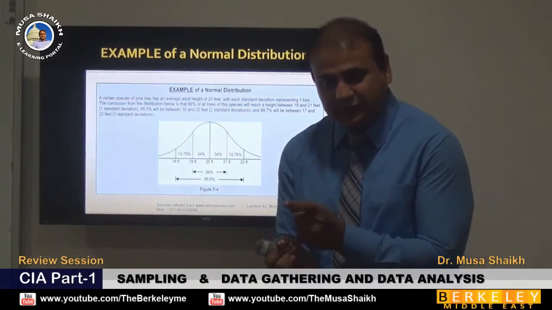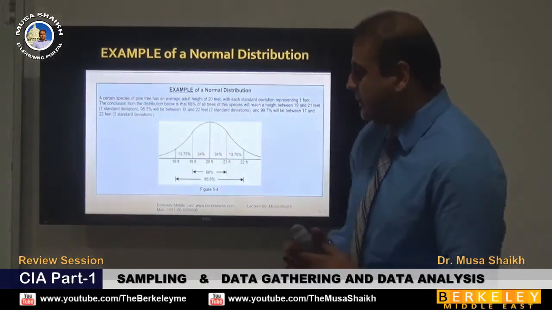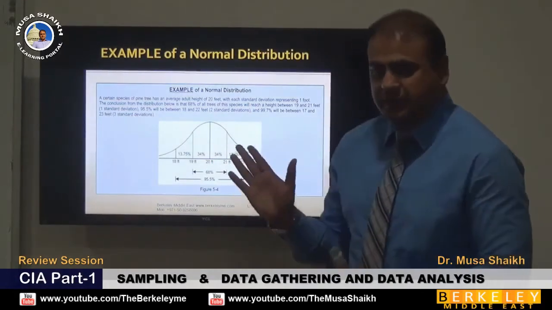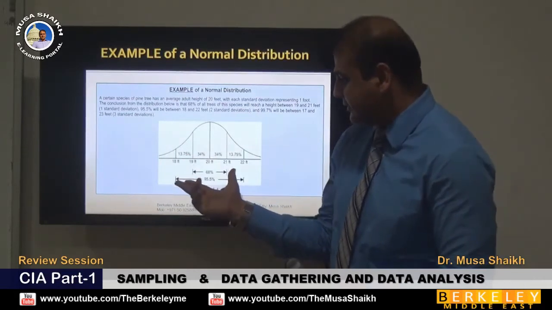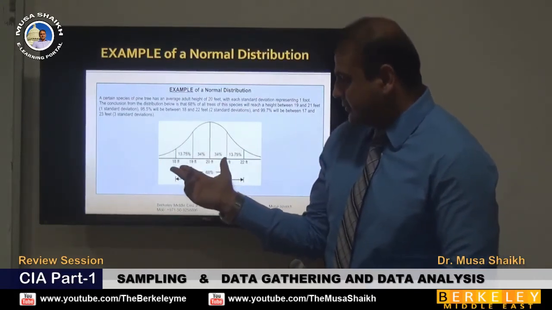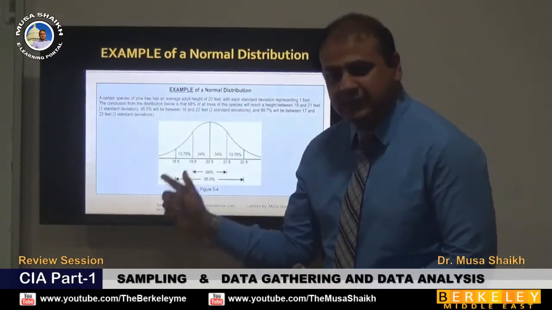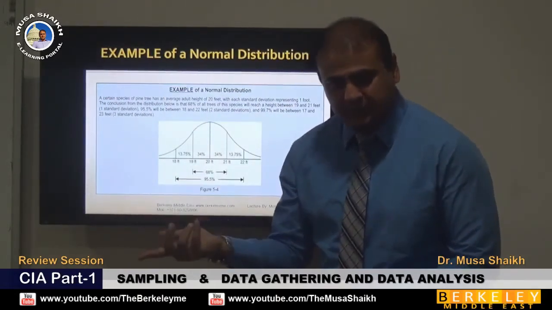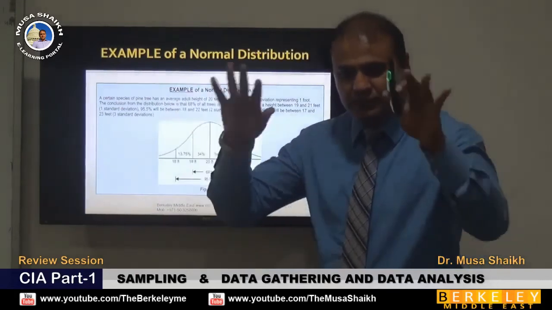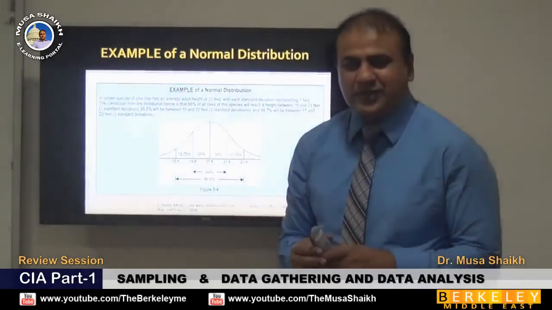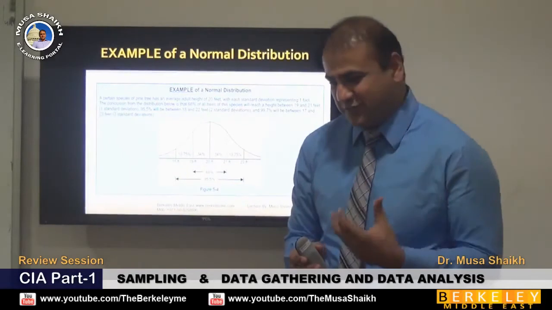This is continuous, so this is a normal distribution. It's just for your information. It's always bell-shaped when it comes to normal distribution, not as a human, but in terms of the graph.